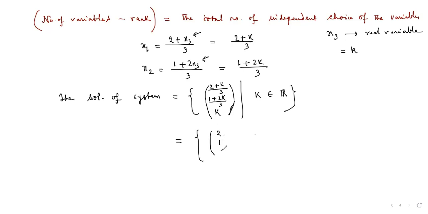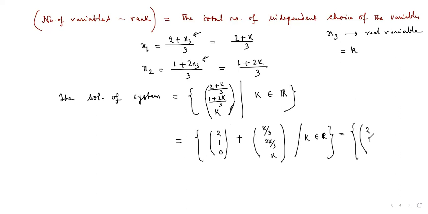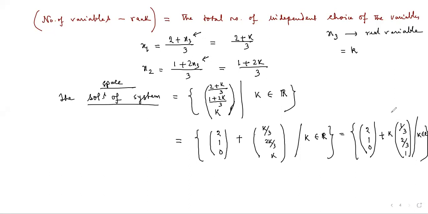We can write it as 2, 1, 0, and all the k's together: k by 3, 2k by 3, and k, where k belongs to R. Or you can write 2, 1, 0 plus, taking k common, 1/3, 2/3, and 1, where k belongs to R. This is called the solution space of the system, where k has many choices.